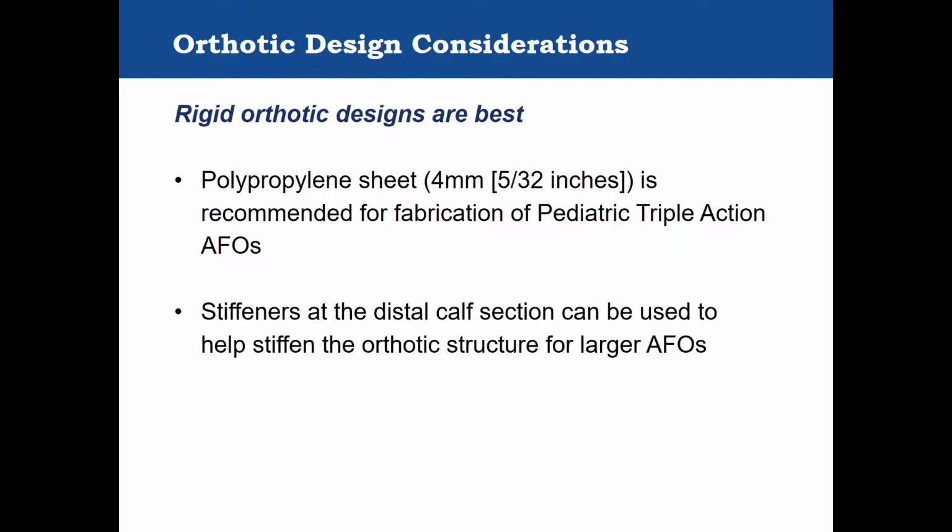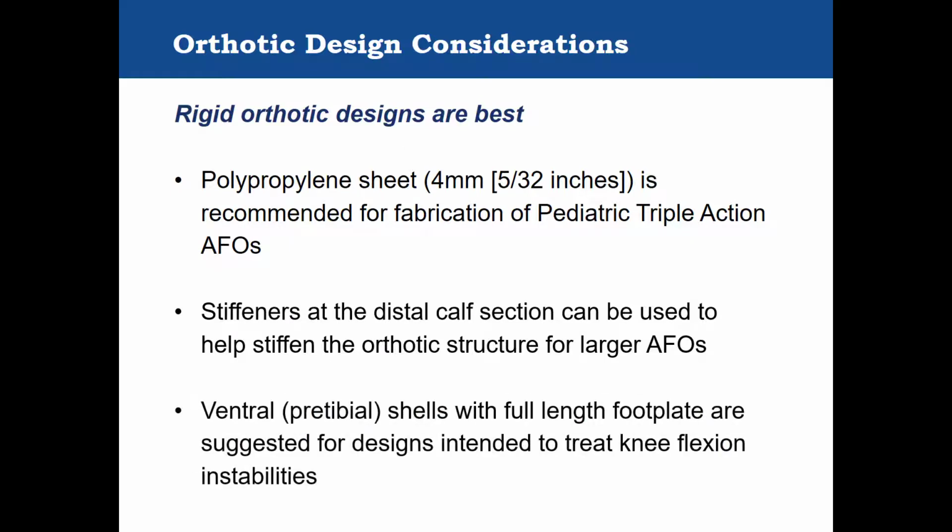Stiffeners at the distal calf may also be used to increase stiffness depending on the shape of the limb, patient weight, calf diameter, and neuromuscular tone. Ventral or pretibial shells are recommended with full-length foot plates for applications where knee flexion instability or spasticity exists.